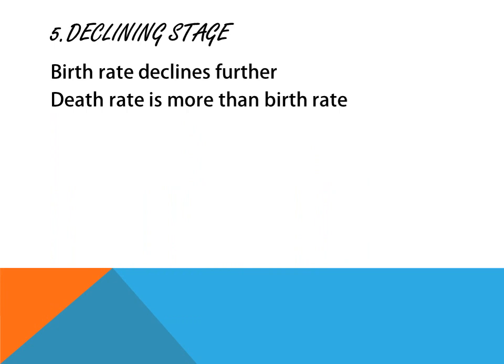So the overall population starts to decline in this phase. And we see that Germany and Hungary are at this time in a declining phase. That means their population is decreasing over a period of time. It's not increasing, not even stationary. It is in the fifth stage. Eventually the population, if no migration occurs or if birth rate is not increased, the entire population will die out over a period of time.